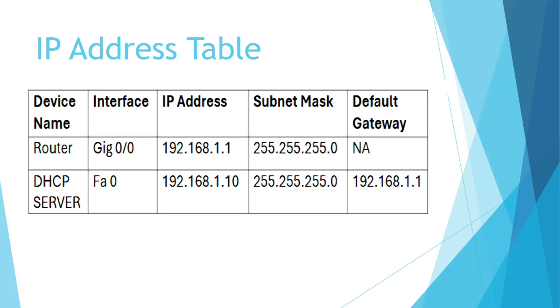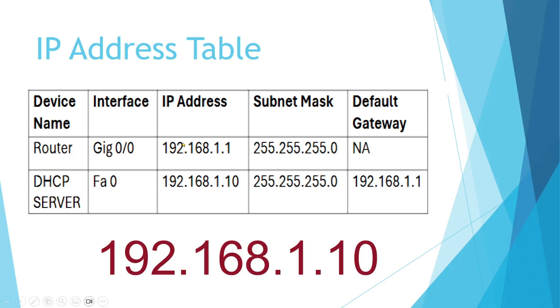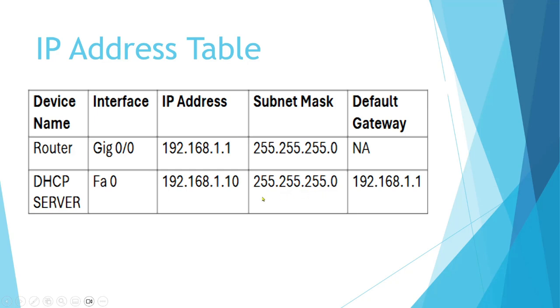So it will be 192.168.1.10, this subnet mask will get generated automatically, and we are going to use the default gateway as 192.168.1.1.